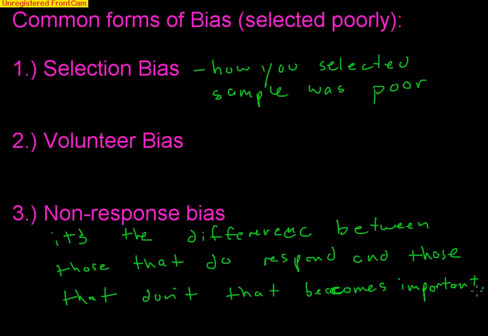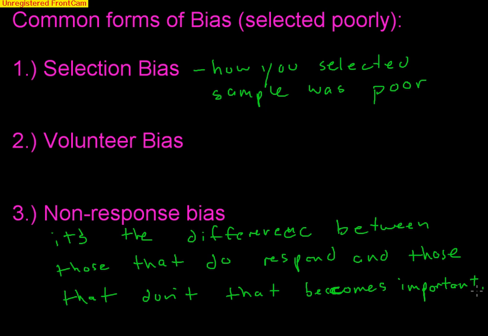A lot of times kids say, well, what do I do when 100 kids don't respond? Well, you call them. Maybe they didn't send their letters back, so you call them. Maybe you get 50 more that answer your survey because you call them. But what about the other 50? Okay, you call them again. You send them emails. And if all else fails, you go to their houses. You wait until they get home. The point is, if you choose 1,000 people to be in your sample, you need to get 1,000 responses.